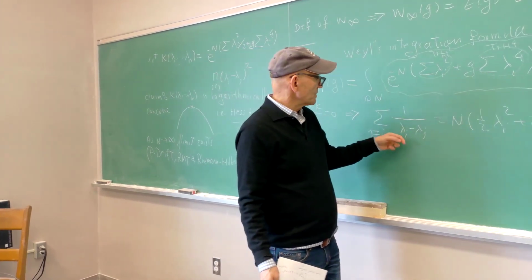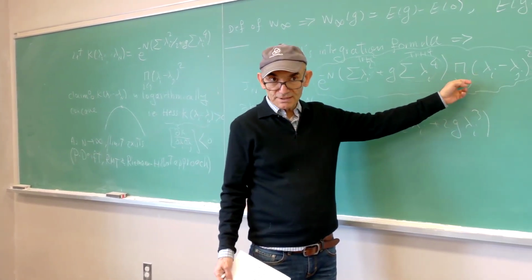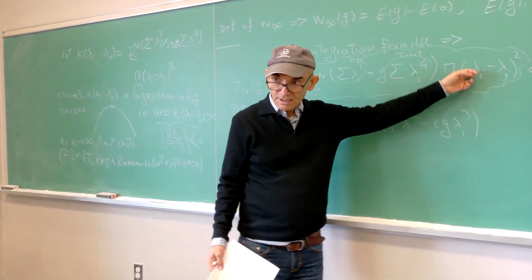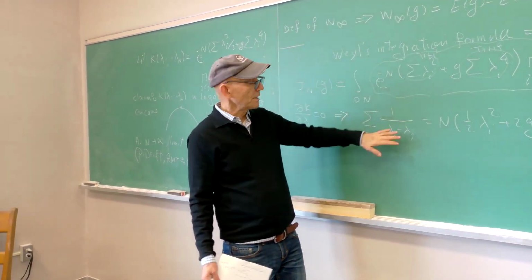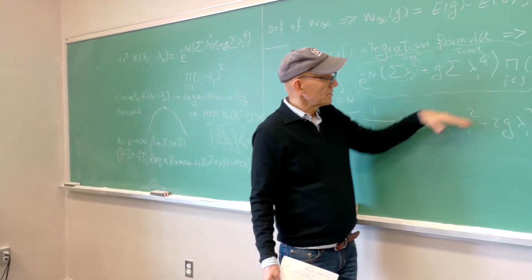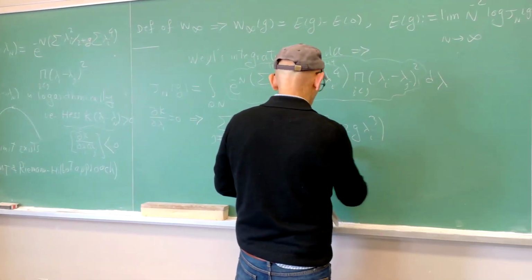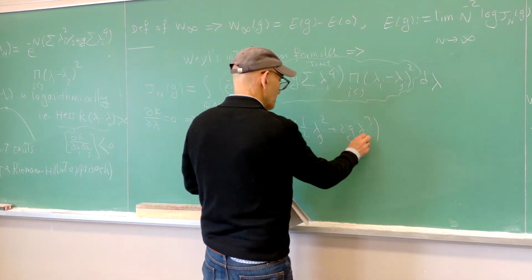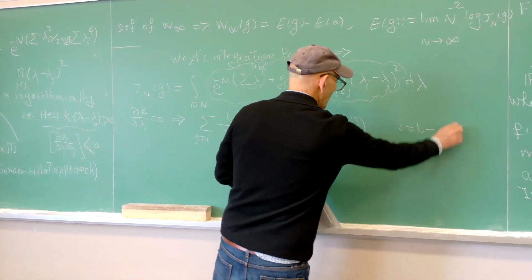But the interesting part is the term which comes from the log, because we write this as the exponential of a log, and the derivative of log is 1 over lambda. That's how you easily get it if you write this integral. Okay, so I should write j here. This is for i equal to 1, 2, and so on.